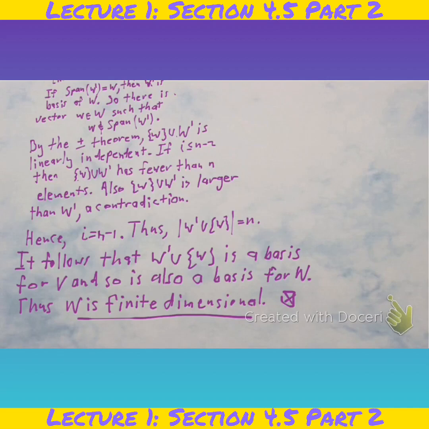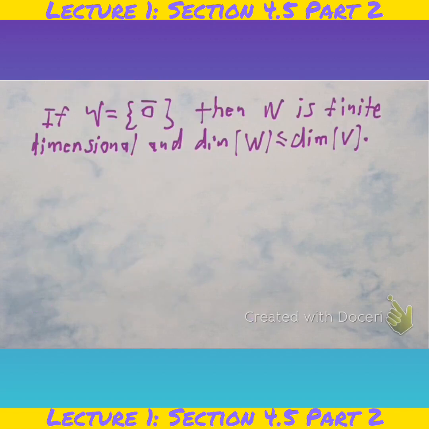Okay, so let's just prove our statement, which is that W is finite dimensional, and the dimension of W is less than or equal to the dimension of V. Now if W is only the zero vector, then by definition the dimension of W is 0, and therefore W has finite dimension. And obviously the dimension of W is less than or equal to the dimension of V.